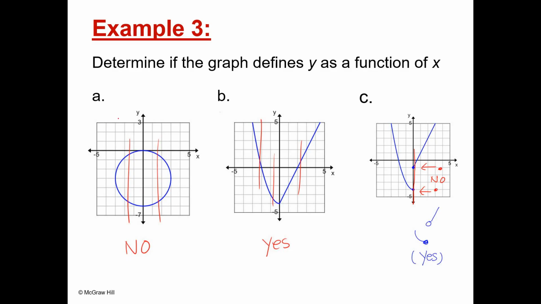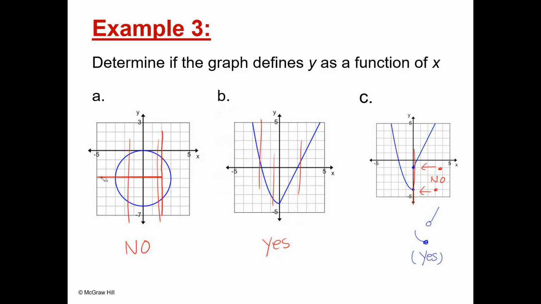Consider part A, and in this example we need to determine if the graph defines y as a function of x. As you can see here, we have a circle. To determine if this is a function or not, all you have to do is draw a straight line. The red ones are not exactly straight lines, they are curves. You have to draw a straight line by using a ruler.